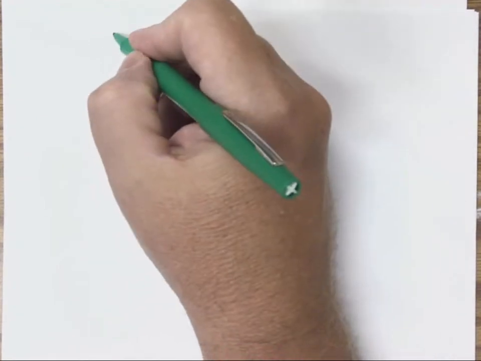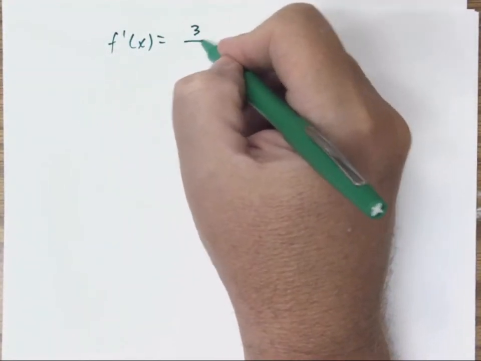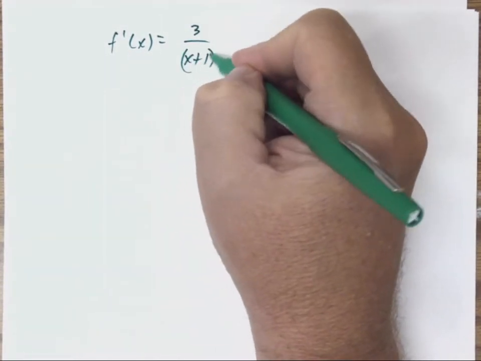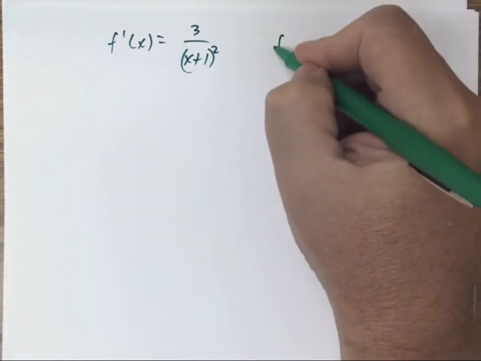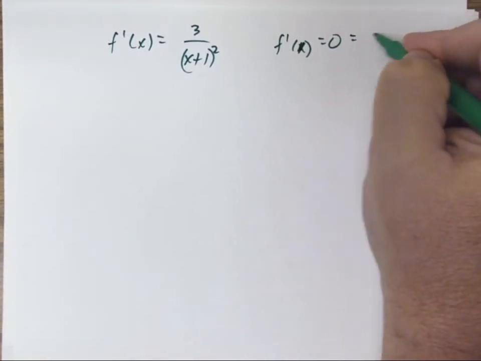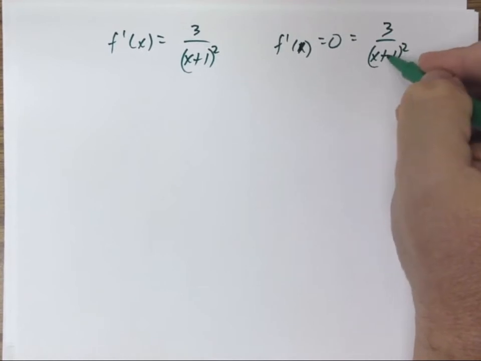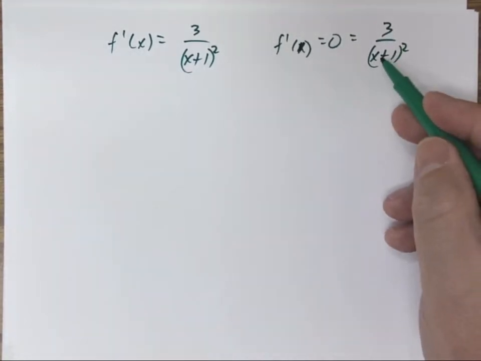Because now we have to go find our critical points to break up our graph into regions of increasing or decreasing. So once again, here was the first derivative. First thing I do is I set it equal to 0. But if you look closely, if I try and solve for x, there's no solution.